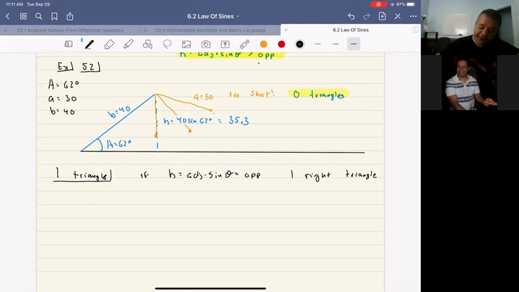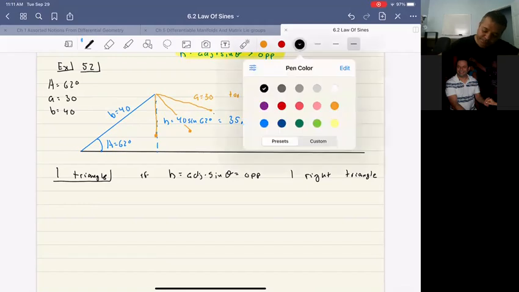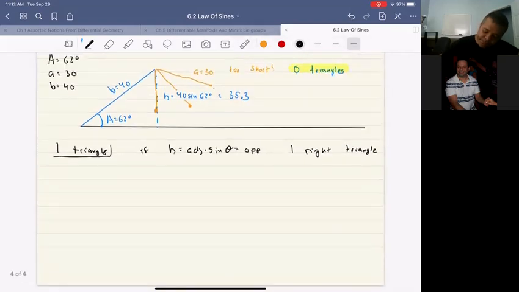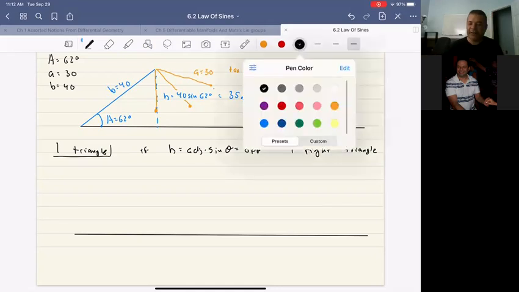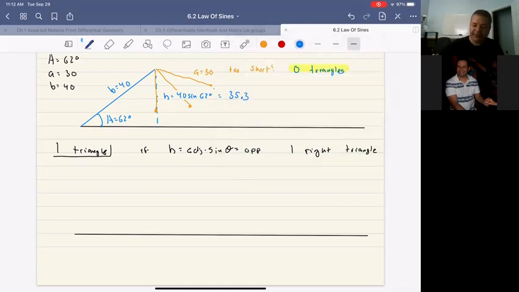So let's draw this again. That's my, again, my as yet not given side.